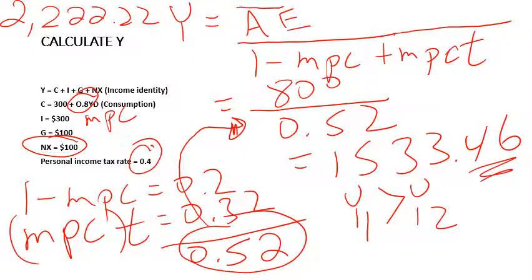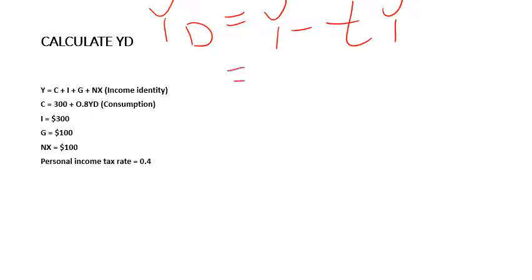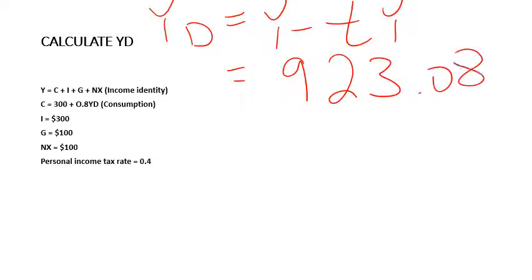Okay. Calculate YD. Well, once again, YD is equal to Y minus TY. And what we have now is a lower GDP level and a higher tax rate. All right, we do the appropriate math and we come up with this answer, $923.08 billion.